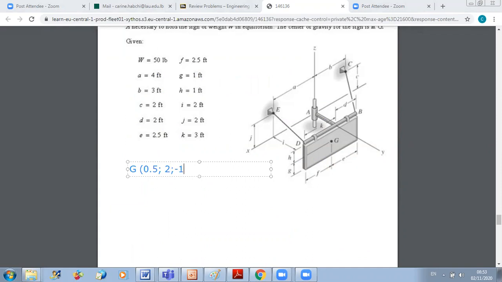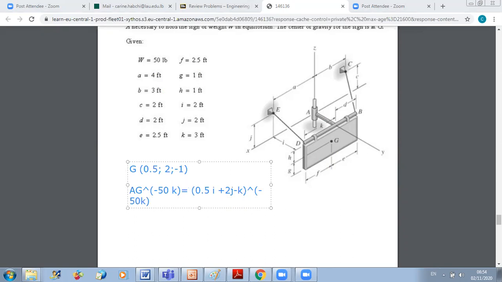Okay, now to find the moment of weight, the moment of weight is AG vectorial W, and for W it's minus 50k. So for the moment of the weight, it's very simple. No need to do a matrix because you have only one component for the second vector. So it's 0.5i plus 2j minus k vectorial minus 50k.